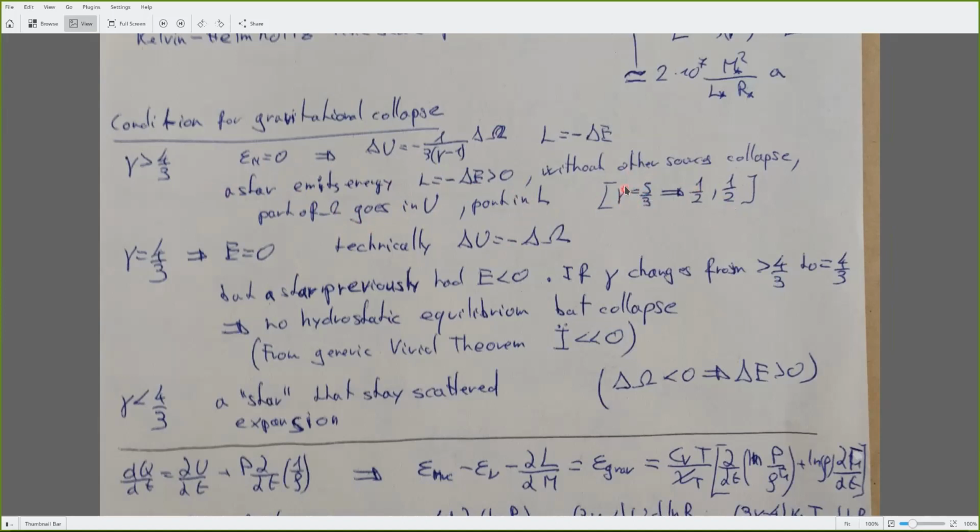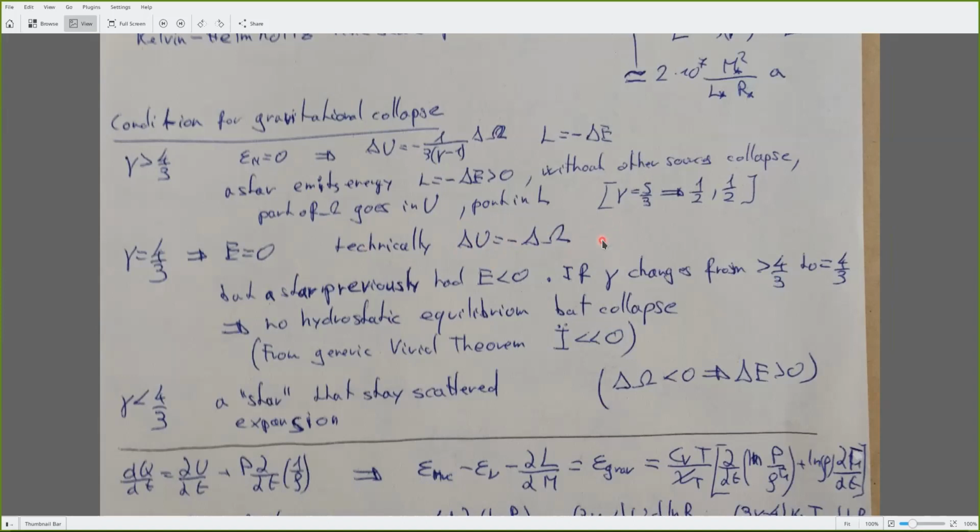Actually, if gamma is 5/3, which is typical for a perfect gas, you have the usual alpha. If gamma is 4/3, the total energy is 0 by default. It cannot change, so if it contracts, all the energy goes into internal energy and there is no emitted light.